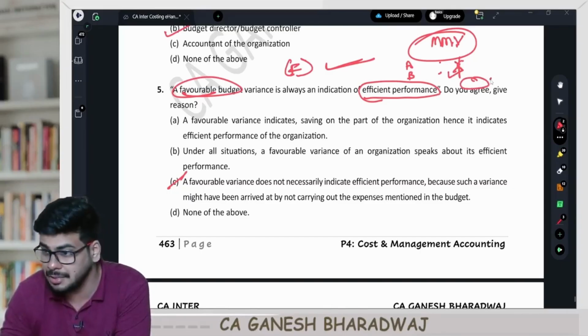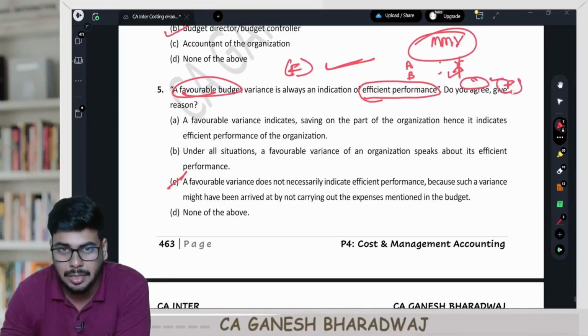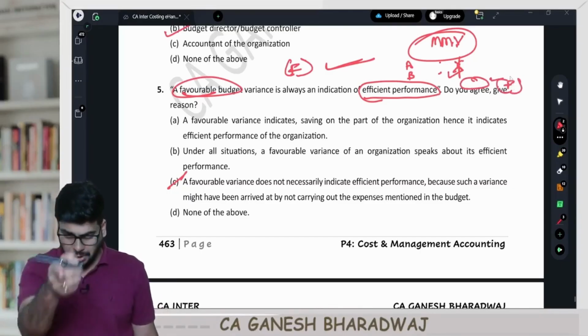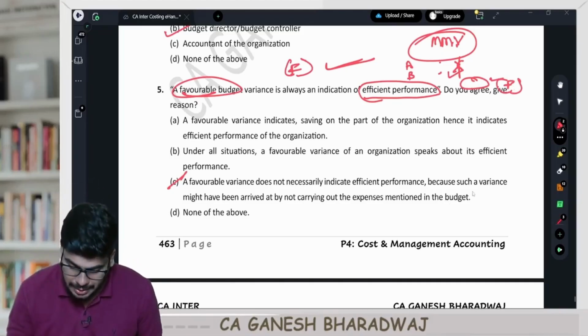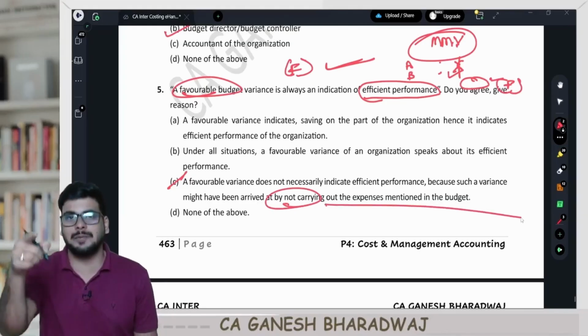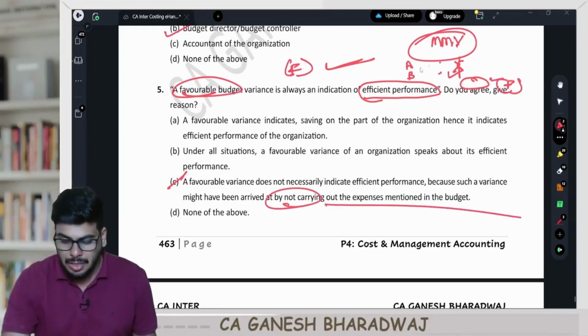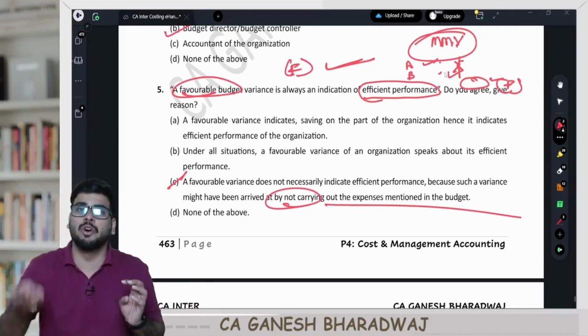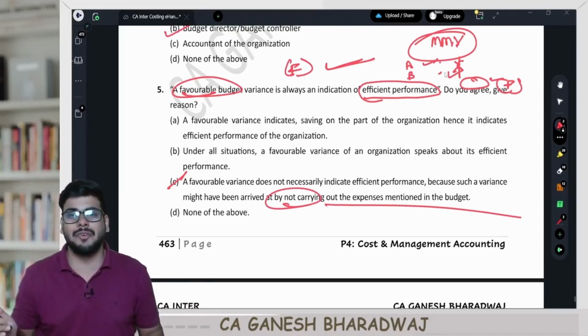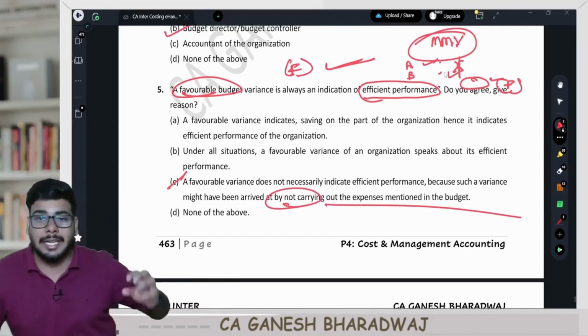My cost becomes less. I get a favorable variance. Now you tell me, is it because of the guy's efficiency? No. It might have been arrived at by not carrying out the expenses as mentioned in the budget. He should have used the right mix of costly and cheap. What he did, he used more of a cheap raw material, lesser of a costly raw material. Hence, he is attaining a favorable variance.